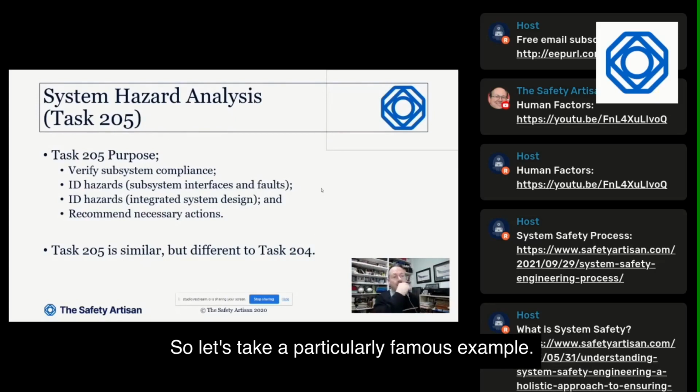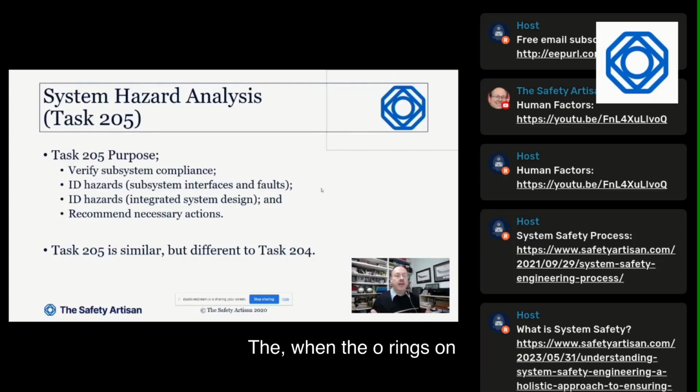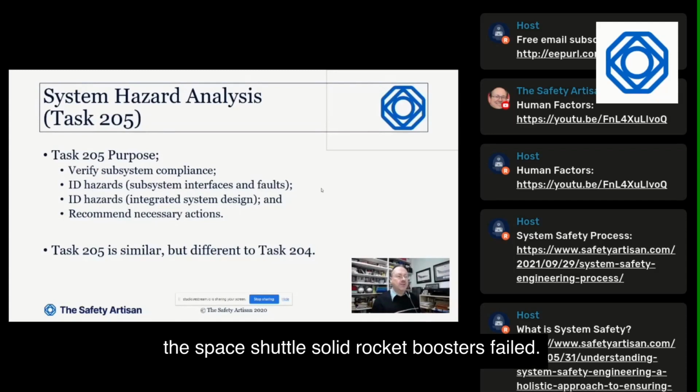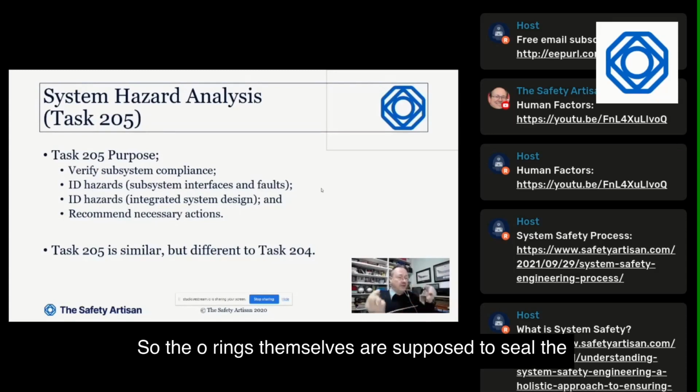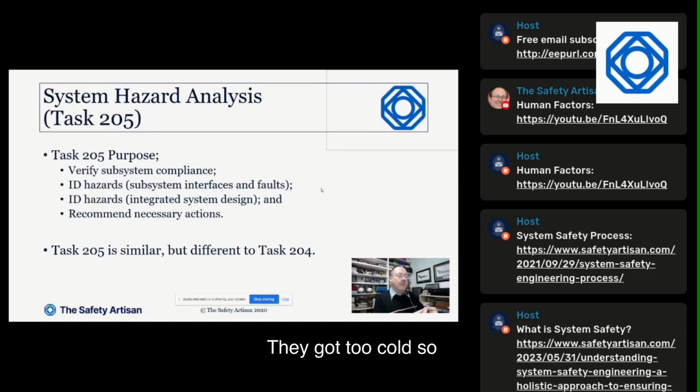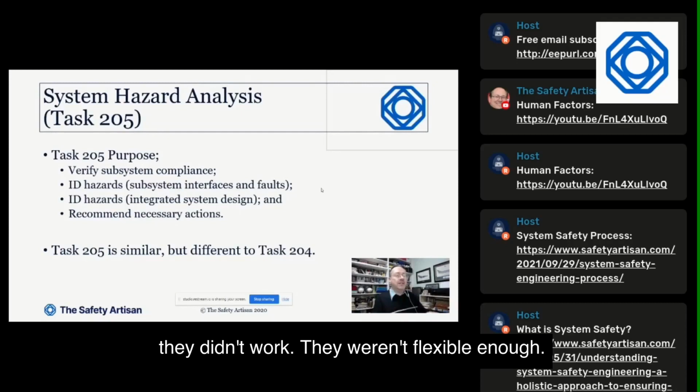Okay, so let's take a particularly famous example. When the O-rings on the space shuttle solid rocket boosters failed. So the O-rings themselves were supposed to seal the segments of the booster. They got too cold, so they didn't work. They weren't flexible enough.